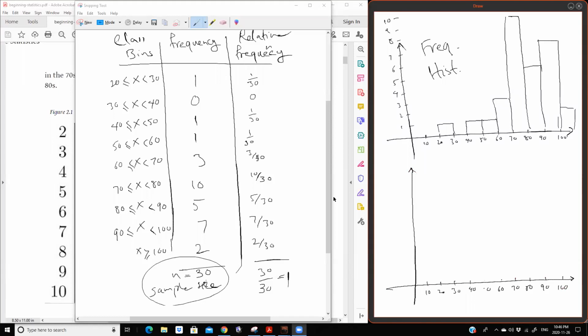But the way you scale your y-axis, rather than having 1, you're going to have 1 over 30, 2 over 30, 3 over 30, 4 over 30, 5 over 30, 6 over 30, 7 over 30, 8 over 30, 9 over 30, and 30 over 30, which is 1. Make sense?